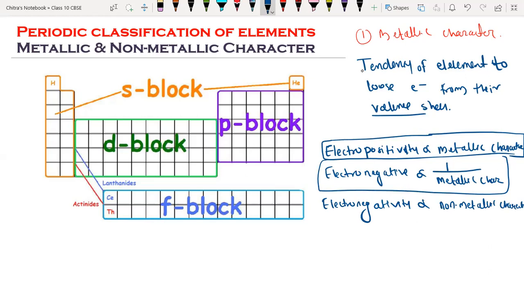Just you have to remember these 3 points only. You can define or describe or explain metallic and non-metallic character.